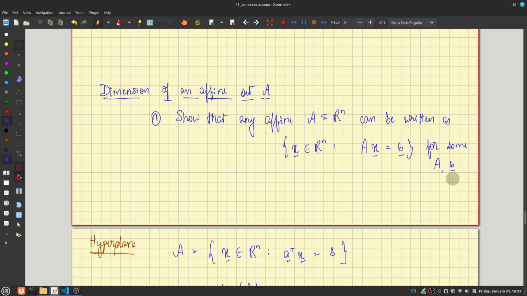Okay, this representation need not be unique, but nevertheless it can always be written in this particular form, so that every affine set can be written in this particular form.